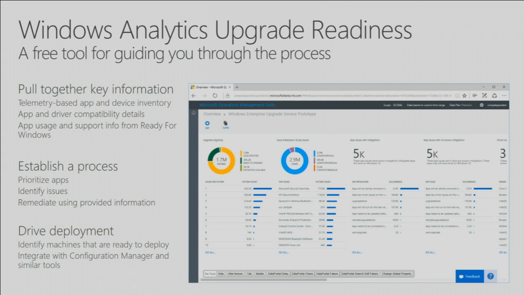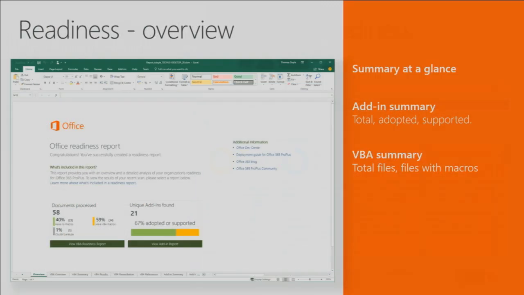So our recommendation is check out Windows Analytics Upgrade Readiness. It gives you very detailed insights about what is going on in your environment. It helps you assessing which of my devices are ready to move on to the next version, and you can get it for free.